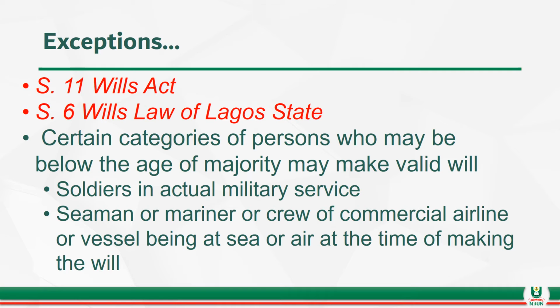The people that fall into these exceptions, even though they may not have attained the age of majority, are soldiers in actual military service, not just soldiers, in actual military service. So seamen, mariners, or crew of commercial airlines or vessels when they are at sea or in the air at the time of the making of the will. Clearly, they may not be able to wait until they are 18 in such situations. So their will is valid even though they've not attained the age.